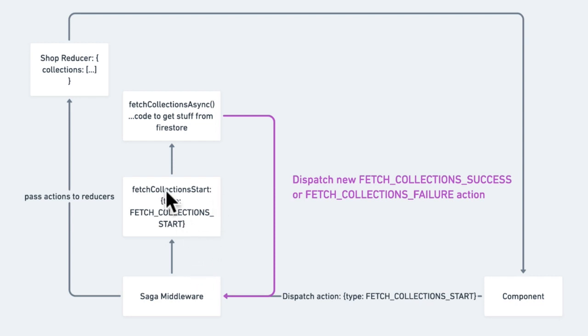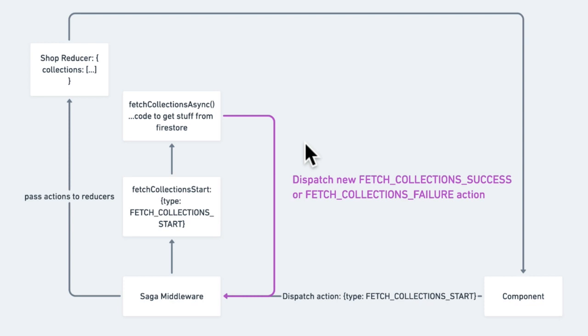And then, depending on what the success or failure of the actual fetch call from the Firestore was, we put out new fetch collection success or fetch collection failure actions. So put is essentially the saga way of dispatching new actions. So this was what we were doing with our fetch collections saga.